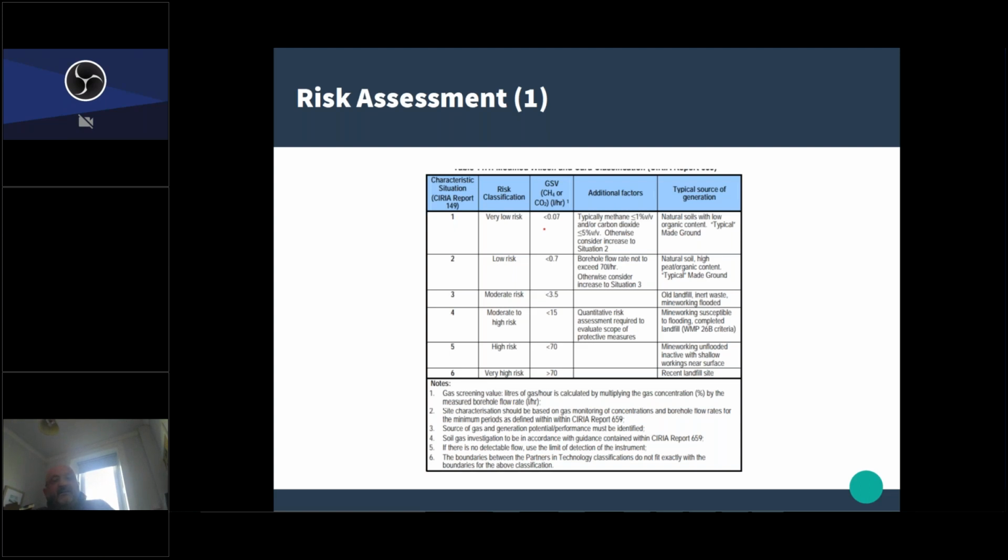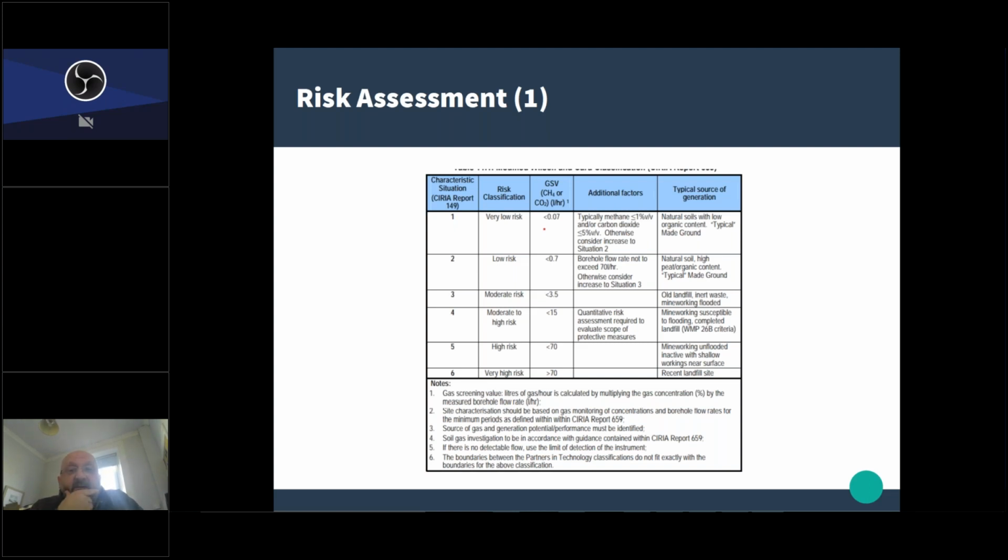All of the work that sometimes gets missed is at the SI stage, at the CSM stage, and it's only right at the end that you come to this table, having calculated your GSVs. And note that there are a few notes in that. The column on the right ties in with what I was saying earlier.